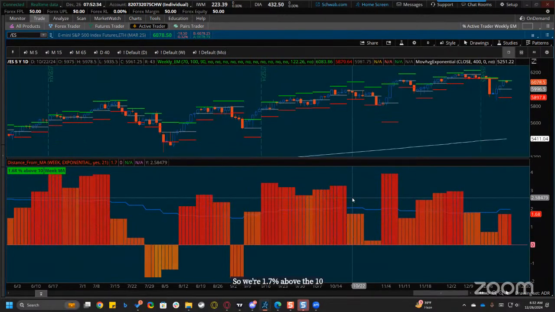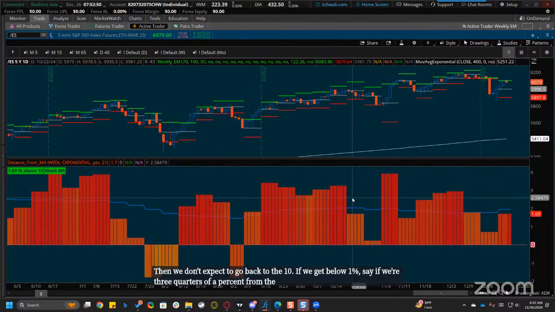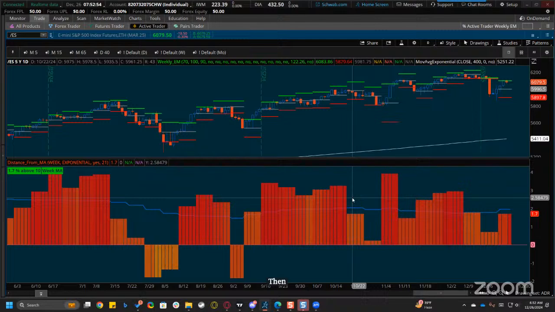That's fine. It's a little shallow. It'd be better to get back above 2. But as long as we're not below 1, then we don't expect to go back to the 10. If we get below 1%, say if we're 0.75% from the 10-week, it'll start to act like a magnet and draw us into it. Then we get another bounce.